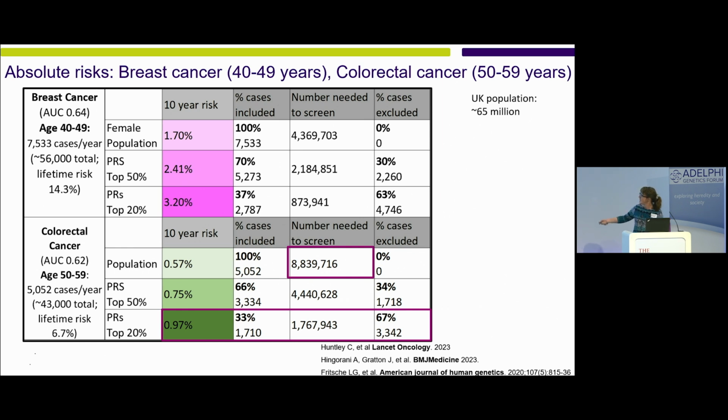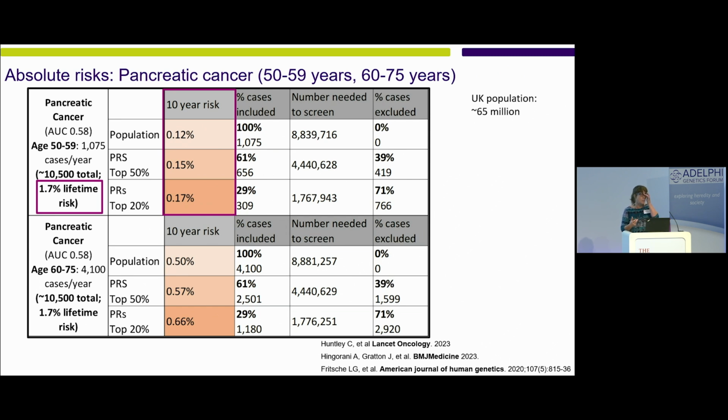Large numbers, even if you restrict it to the top 20%. And by doing that, the majority of your cancers are happening in the people you told were low risk. So again, that's showing the impact of the limited predictivity of the polygenic risk score combined with those quite low absolute risks.